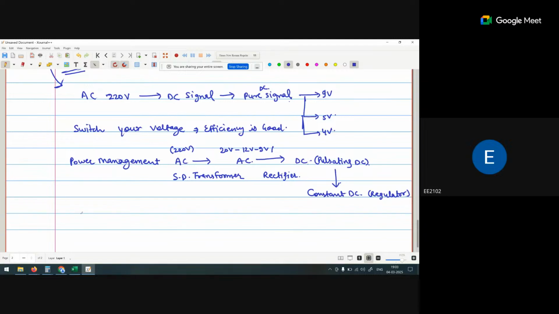Like for example, if you remember the rectifiers, there are two types of rectifier we use: one is the half wave and one is the full wave.